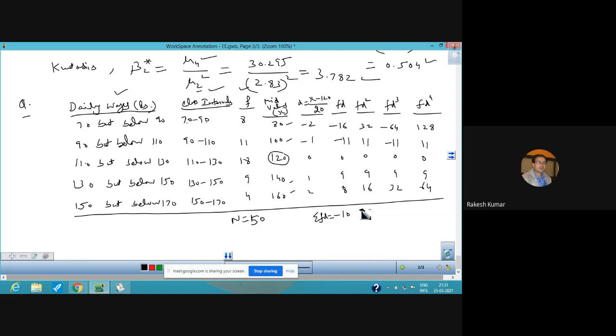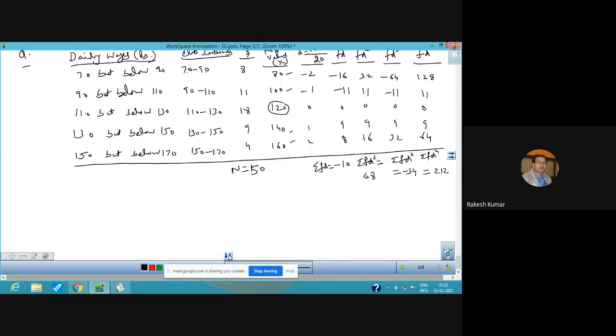Similarly, summation fd square is equal to 68, summation fd cube is equal to negative 34, and summation fd raised to power 4 comes out to be 212. So these are the calculated values. Now you can easily calculate the moments, kurtosis and skewness.